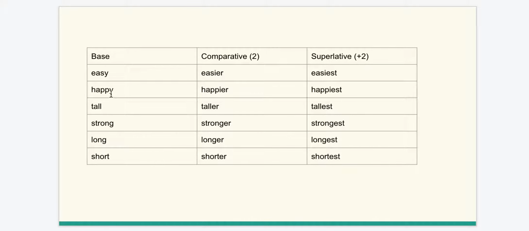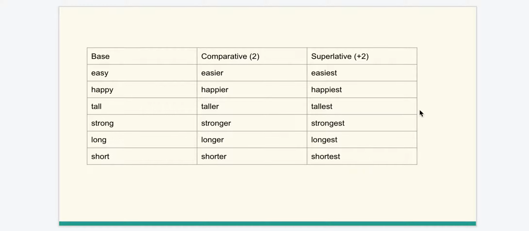So same with happier. I have my HAPPY, that's how I spell happy. And then if I want to compare it, and remember I add my ER, I'm going to drop my Y, add an I, and add ER. So we're kind of taking what we learned a few weeks ago and adding it here. Same with my superlative.